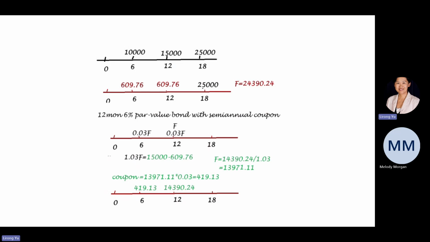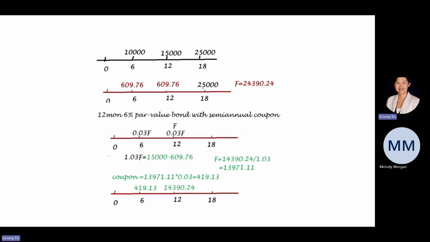So subtract those two. We know that we have to cover 14,390.24. But the actual cash flow for the 12 months, 6% par value bond: 6% divided by 2 is 3%, so 3% of F is the coupon. And then at time 12, you also have the F.